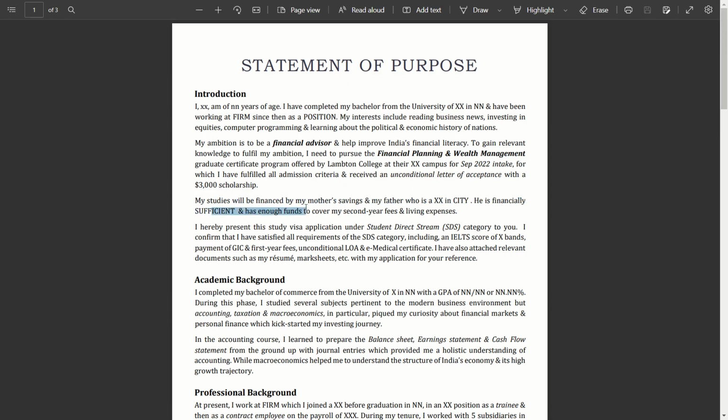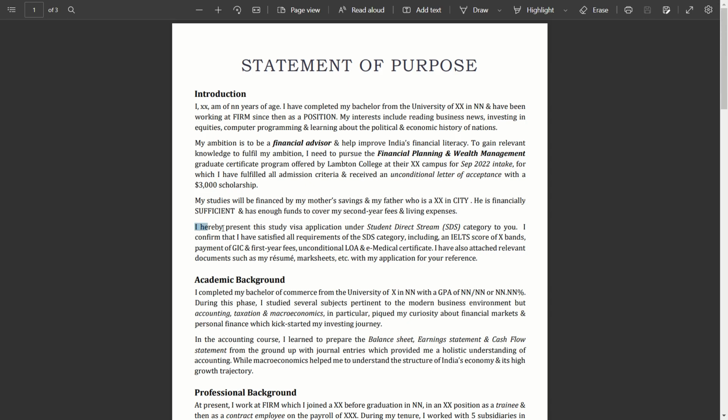Next, I am saying that I'm financially very well off and I don't have any financial problems. So the visa officer again feels good that I'm not going to take away jobs of Canadians. I am already financially okay, so I'm not going to do any part-time jobs. That's the impression that he gets, which he will always appreciate.